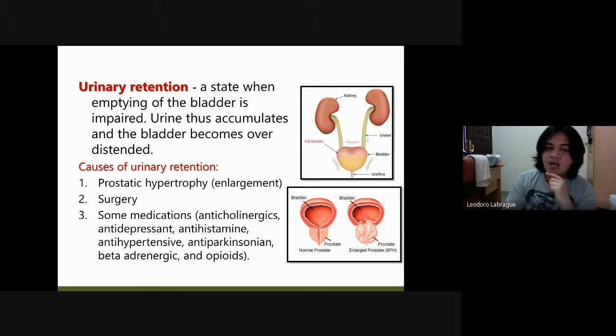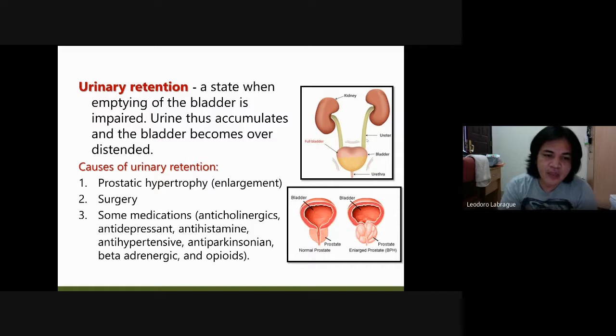Aside from that, there are a lot of medications that can actually cause urinary retention. The moment these medications are taken, many patients would experience urinary retention. Why? Because these medications actually affect contractility of the bladder. Okay? What are these medications?